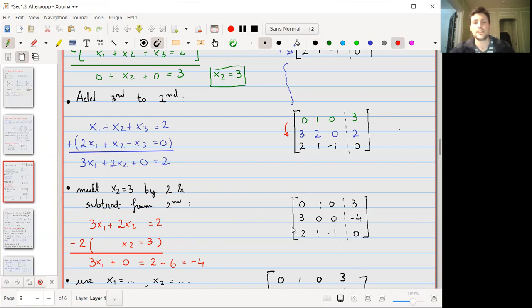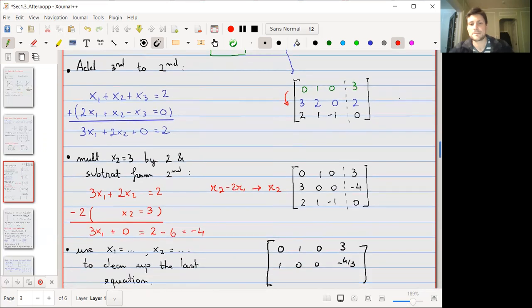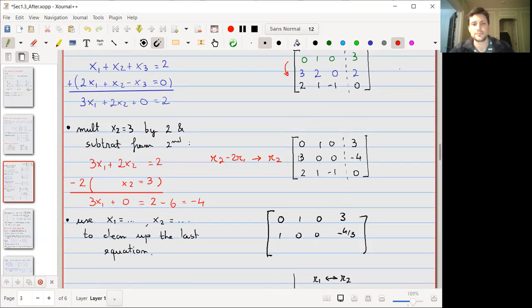So what I did here was to replace my old second row with something new, which was the second row minus twice the first row, to get 3, 0, 0, minus 4.